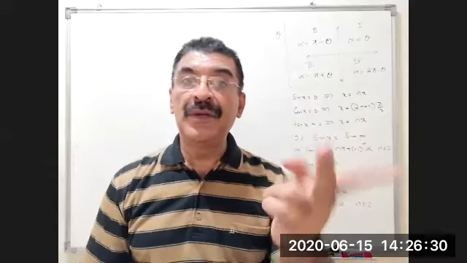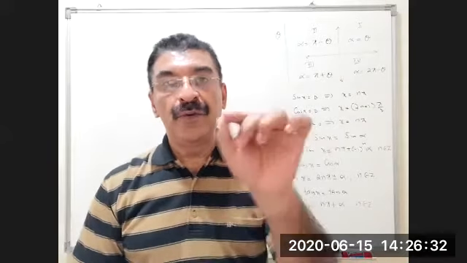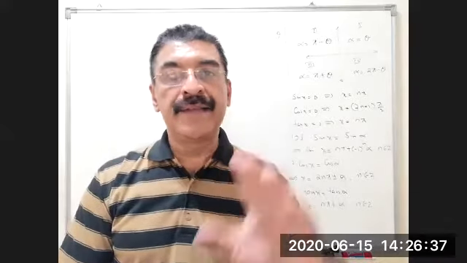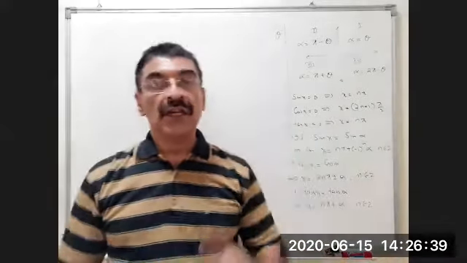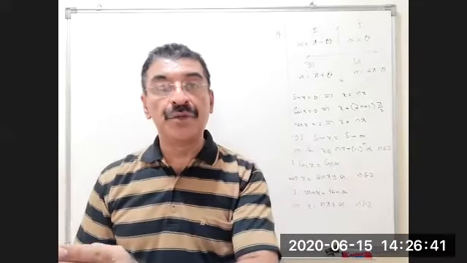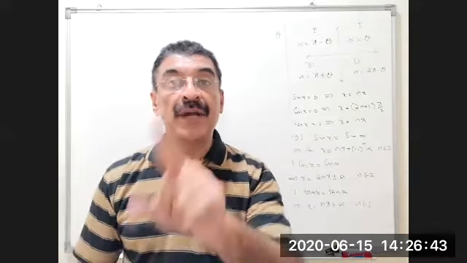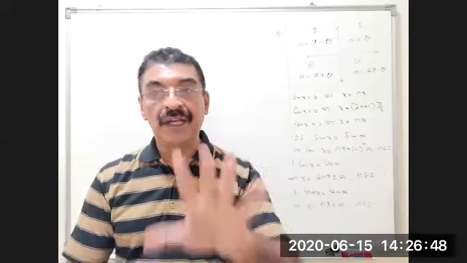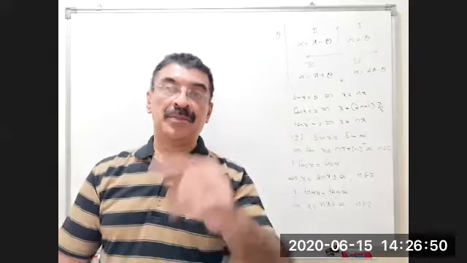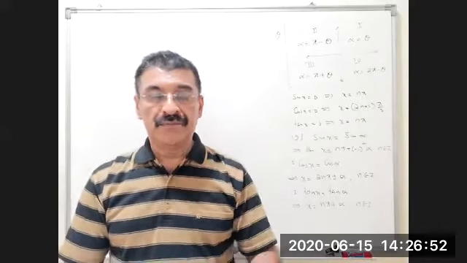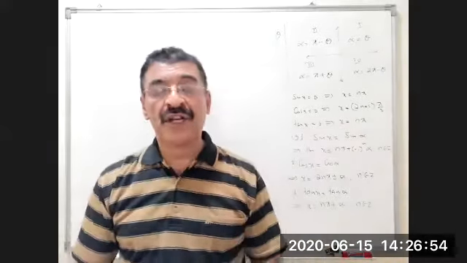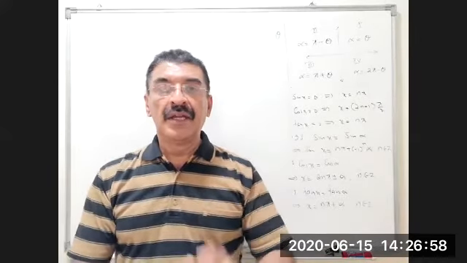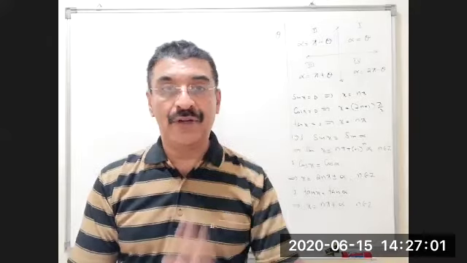If the principal solution is in quadrant 1, alpha is the same as theta. If in quadrant 2, alpha is pi minus theta. If in quadrant 3, alpha is pi plus theta. If in quadrant 4, it is 2 pi minus theta.